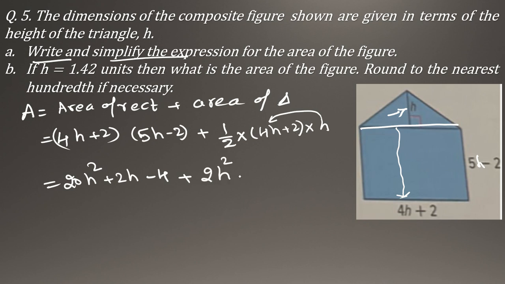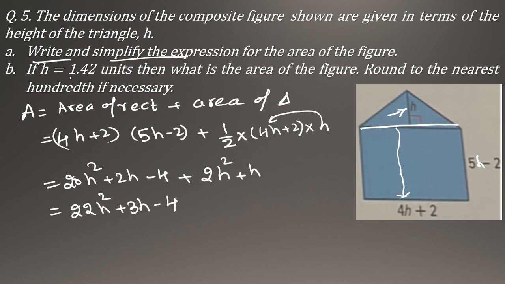Then 2h divided by 2 will become h. Now write the similar terms together. So h square for 2 times. So 20h square plus 2h square, it will become 22h square plus 2h plus h, 3h and then minus 4. This is the expression for area of the composite figure.